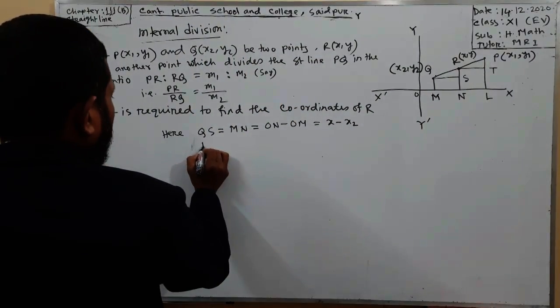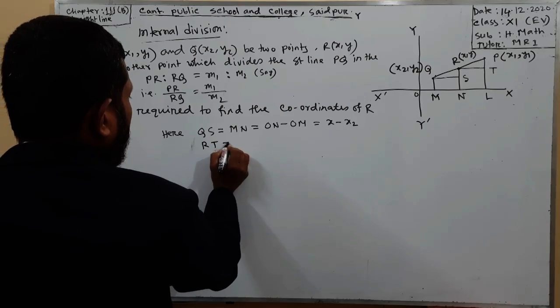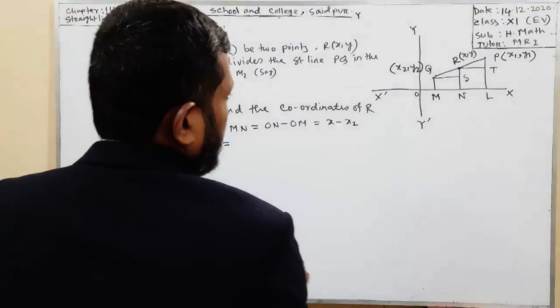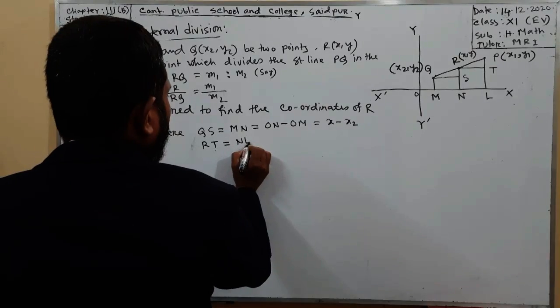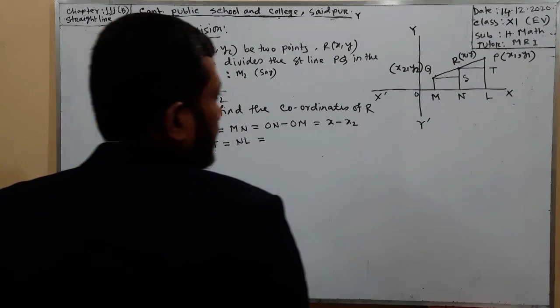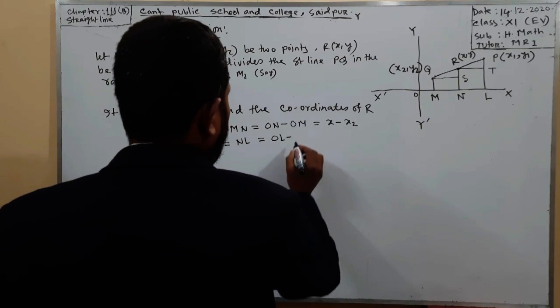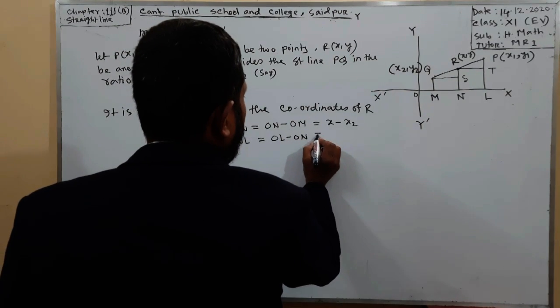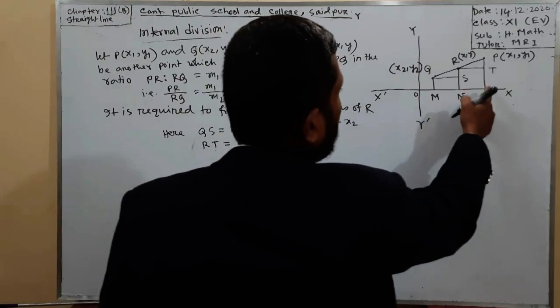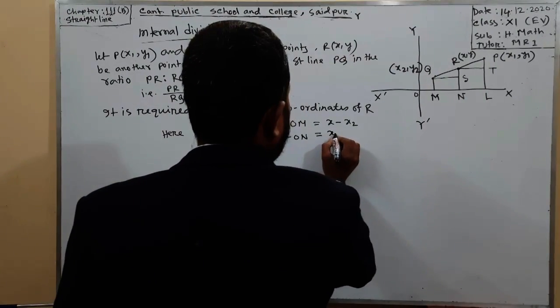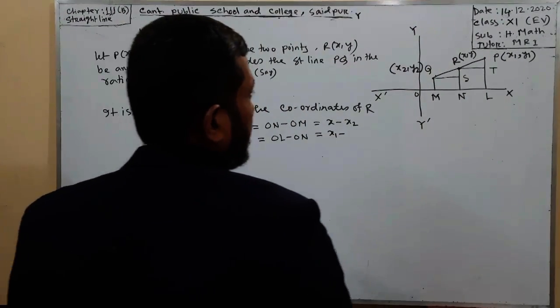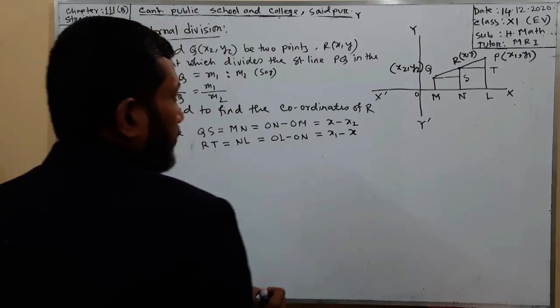RT is equal to NL, that is OL minus ON. Here OL is equal to x1, and ON is x.